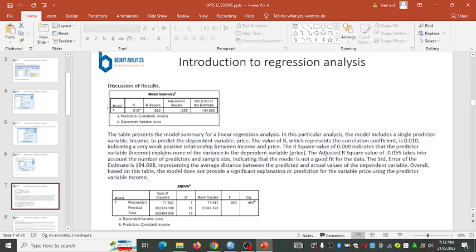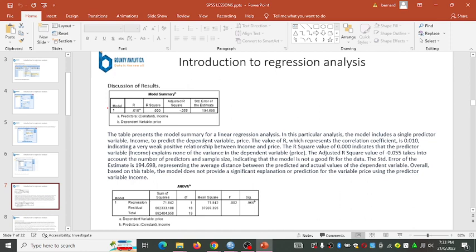The adjusted R squared value is negative 0.055. It takes into account the number of predictors and sample size, indicating that the model is not a good fit for the data.